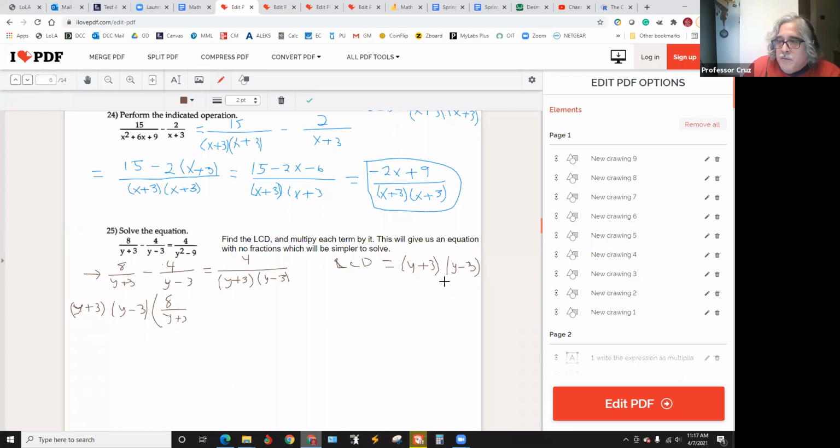Now just remember that for these, y cannot be equal to 3 or -3. And why? Because if you've got a -3 here, that's going to give you a 0. If you got a +3 here, it's going to give you a 0.